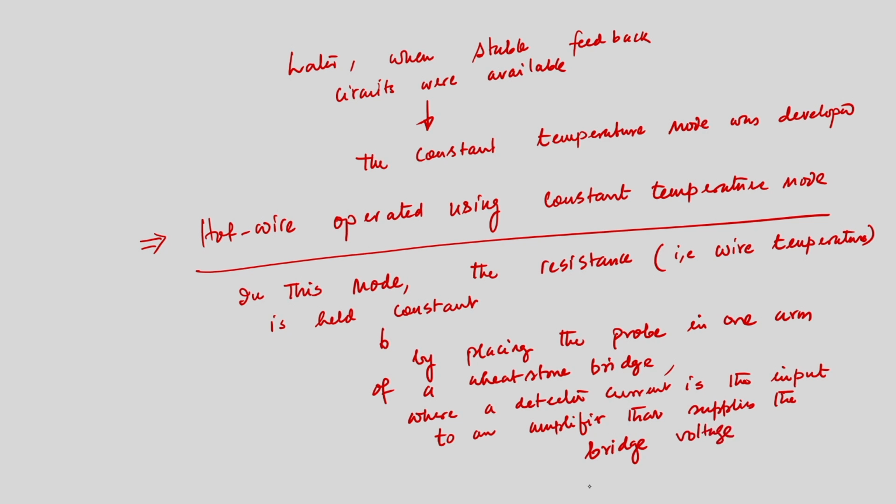We will now try to see it schematically. This is different from the constant current mode, where a fixed current is passed through the wire, and that is what we discussed in the last slide, that a fixed current is passed through the wire and voltage across the wire is measured, and that is the indication of the heat transfer rate.